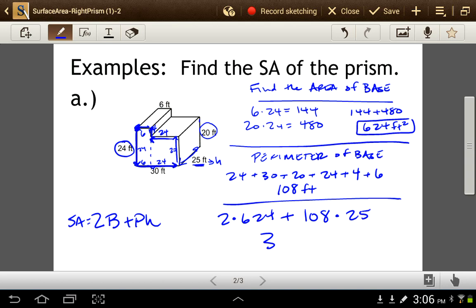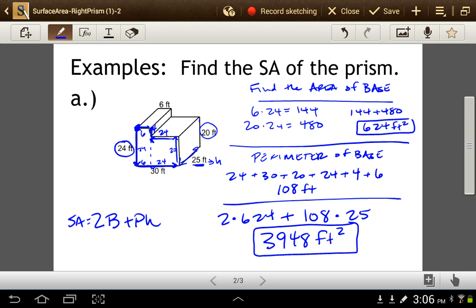Let's type that in my calculator: 2 times 624 plus 108 times 25, and you're going to get 3,948 feet squared. Remember, that is feet squared because of the surface area.